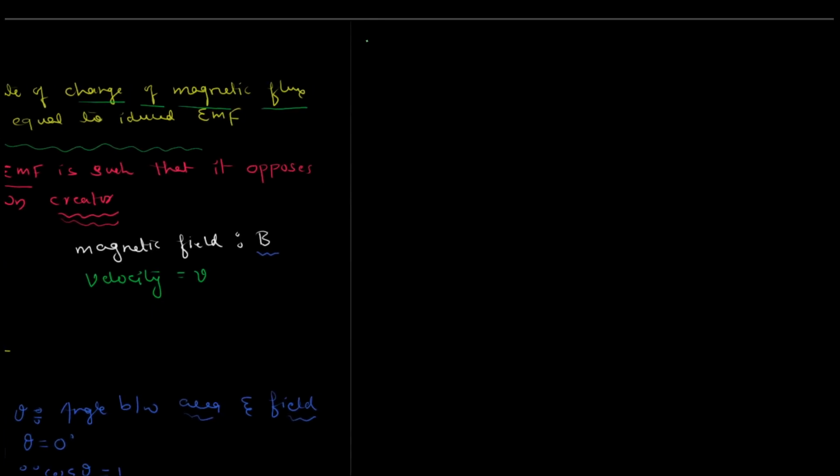According to Faraday's law of electromagnetic induction, induced EMF E is minus d phi b, that is the rate of change of magnetic flux with respect to time, right?